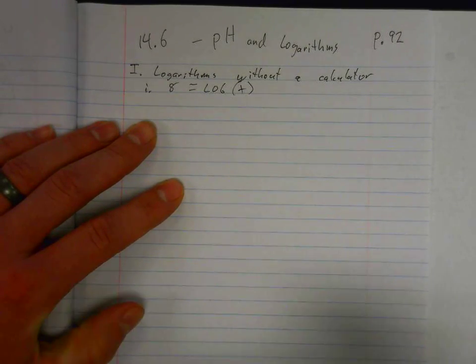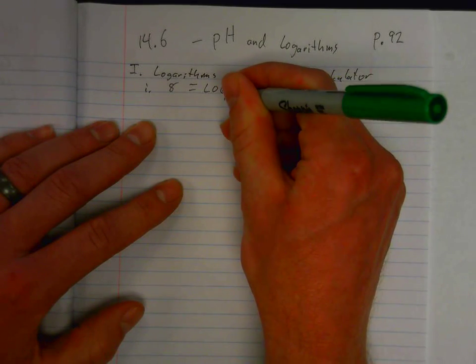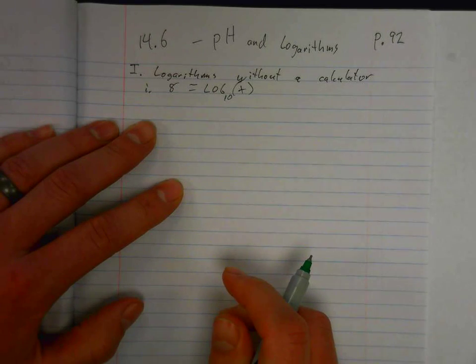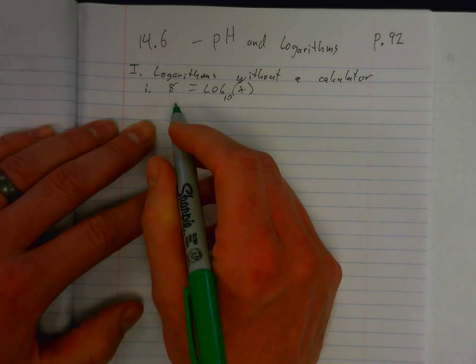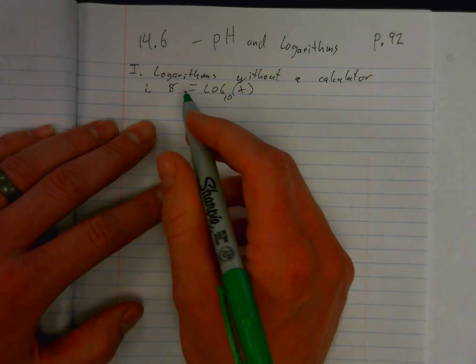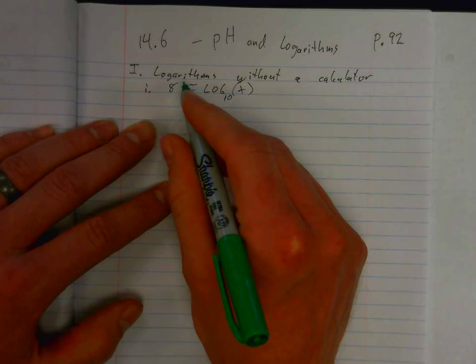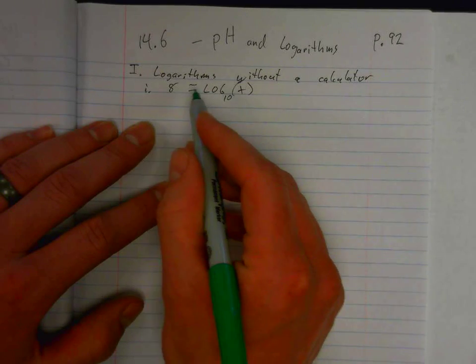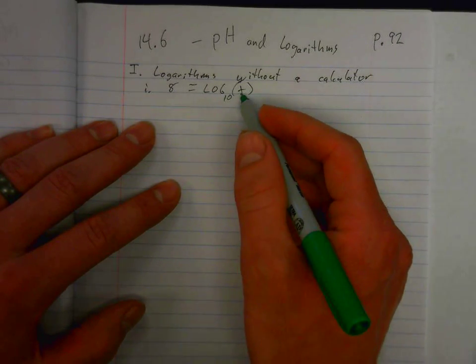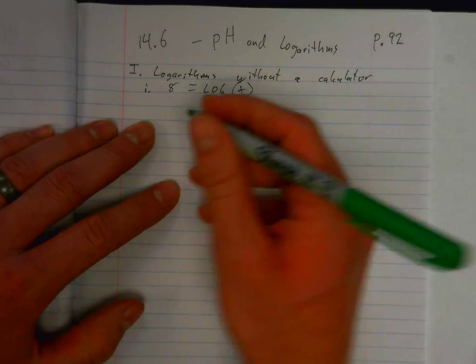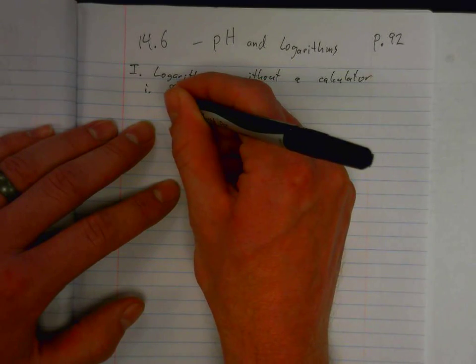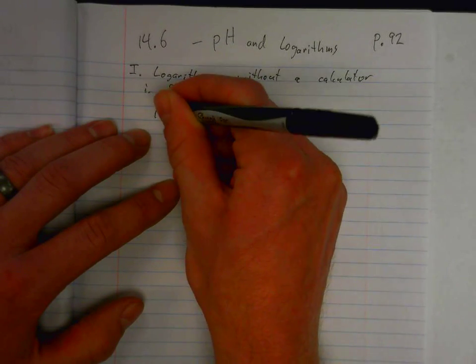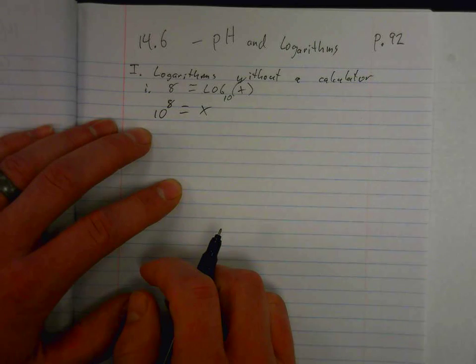So we can understand this as 8 is the power that 10 must be raised to get x. So x is 10 to the 8th power, and we'll just leave it as that.